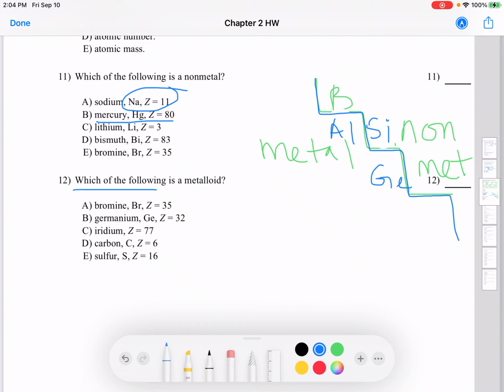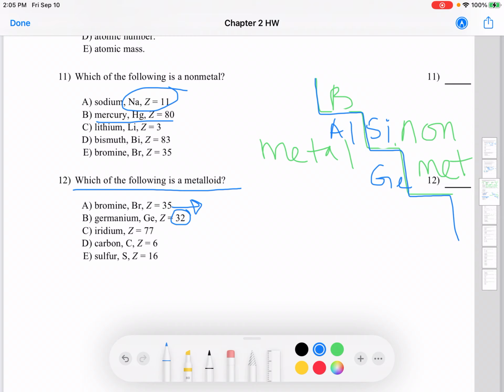And then which of the following is a metalloid? Metalloids are the elements that you would find along the zigzag line. So bromine is on the non-metal side, and then germanium, atomic number 32, find where germanium is.